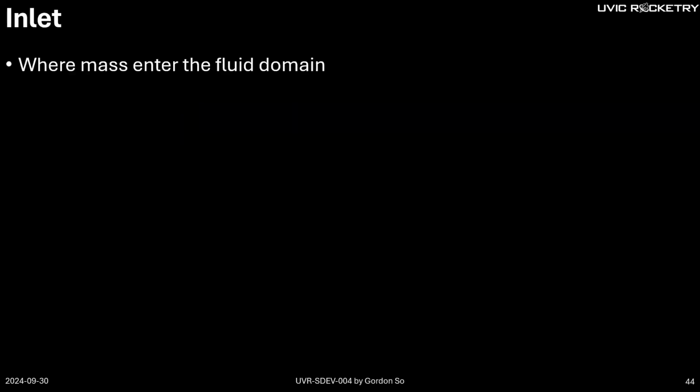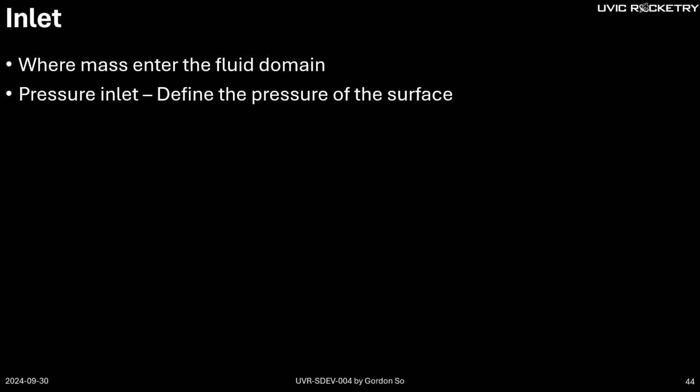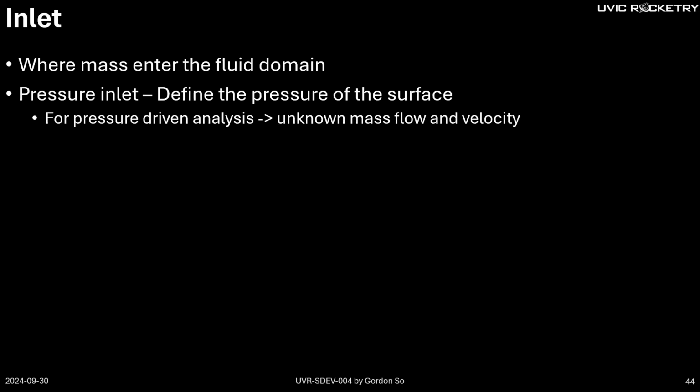So inlet: the definition is where the mass goes into the fluid domain. There are different types of inlet conditions that you can set. One is pressure inlet, when you know the pressure of a surface, for a pressure-driven analysis, and you don't know the mass flow rate or maybe the velocity, which may be the two things you want to find.